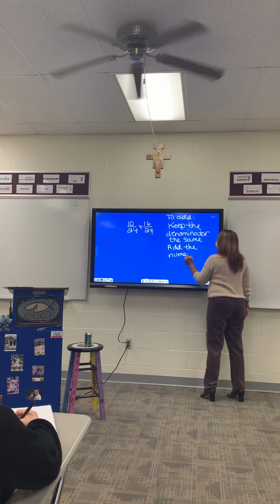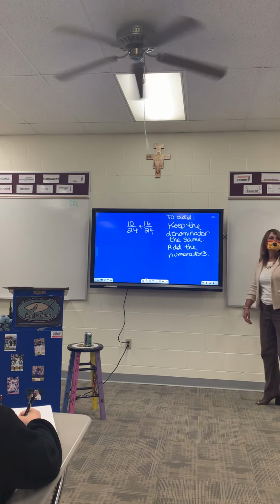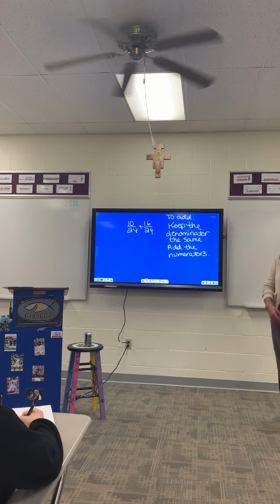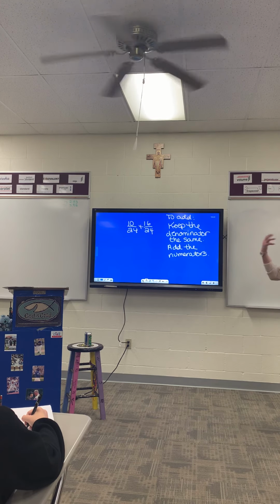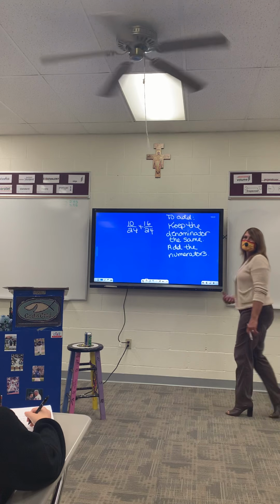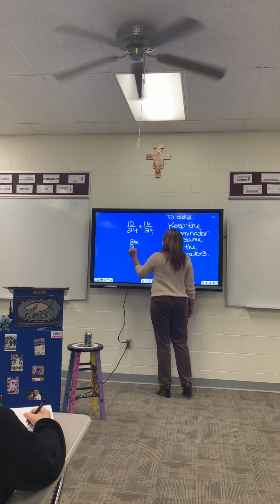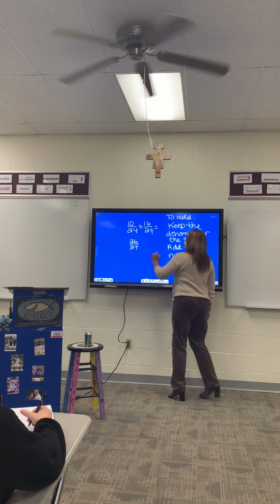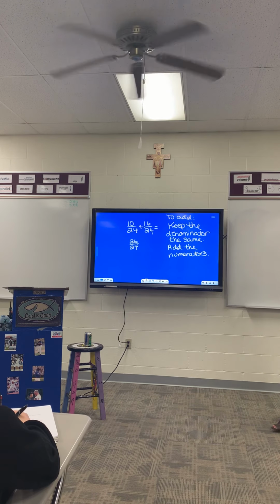So this is what Natalia was saying. One more time, if I have 10 of something, and I add 16 more of that something, then I get 26 of that something, which is kind of weird here, right? It seems like the top is more than the bottom, but that's okay.